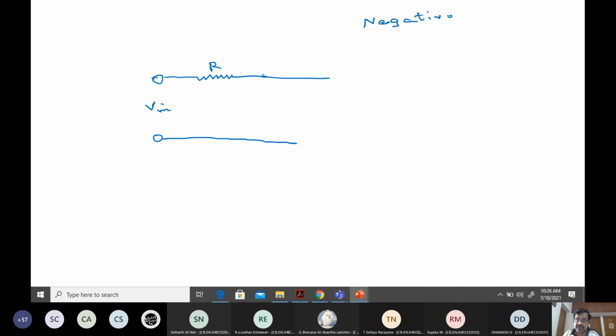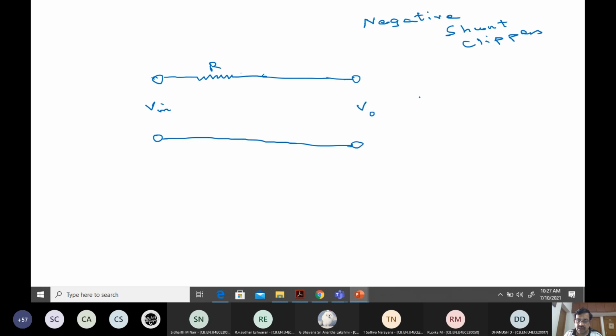My transfer characteristic and the output waveform have to be like the previous case, the negative series clipper. The only thing is, in shunt, the output is taken across the diode. So this is my output.